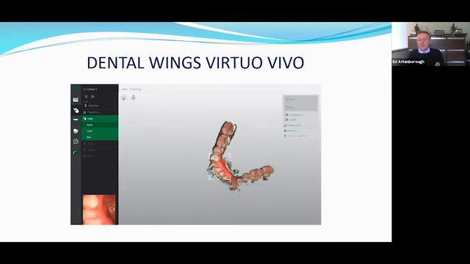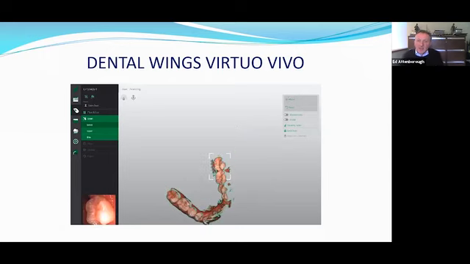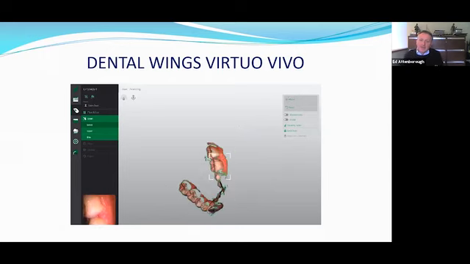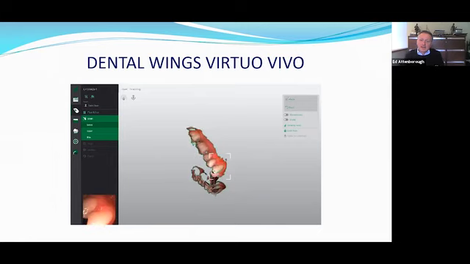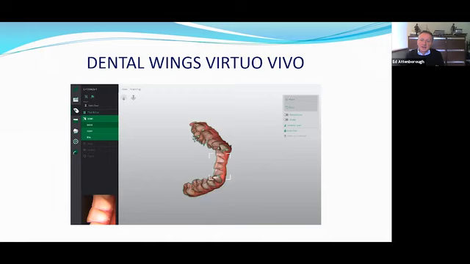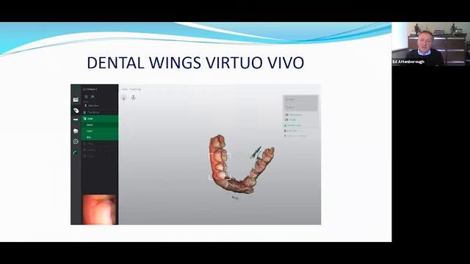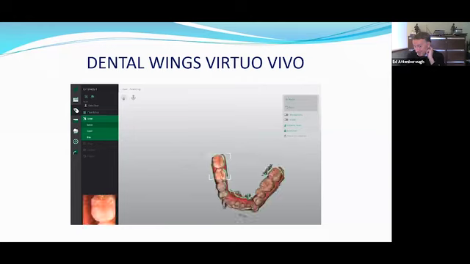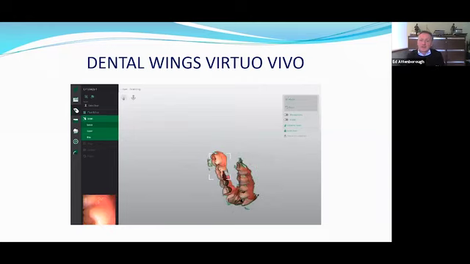You can see that there's a certain amount of artifact there, which is basically soft tissue. And as we'll come on to look at in later scans, that can be either manually or automatically removed. But you can see the process there, done in 30 seconds, maybe a minute.